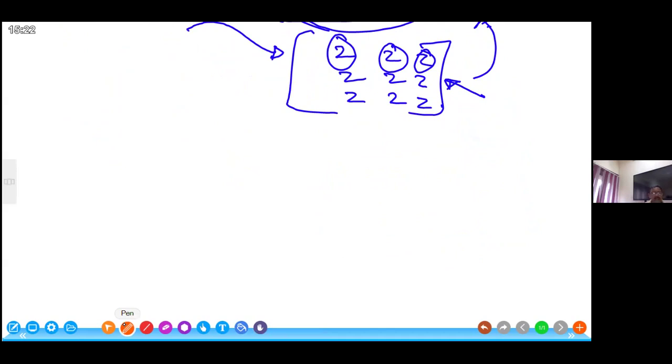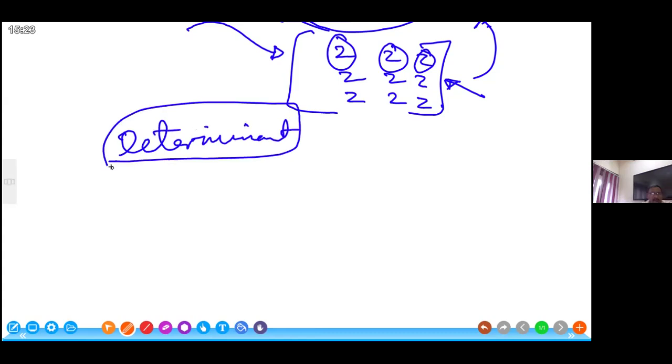What is the use of the incident matrix and determinant? What is the use of determinant? By using determinants, we can solve linear equations.